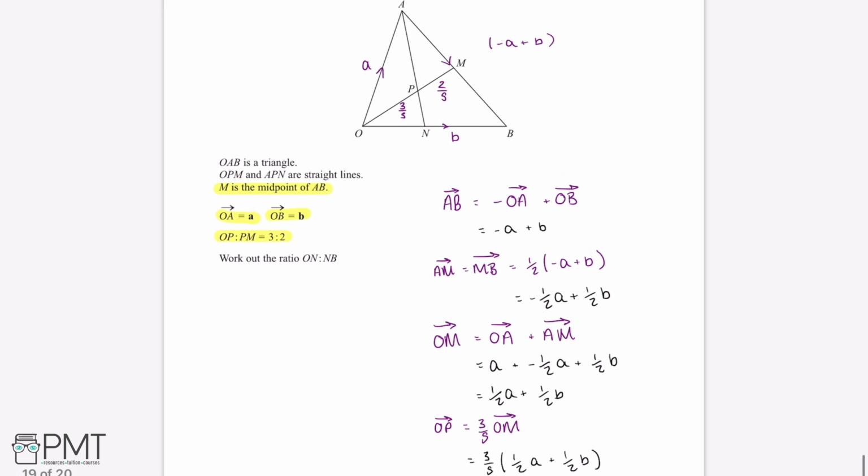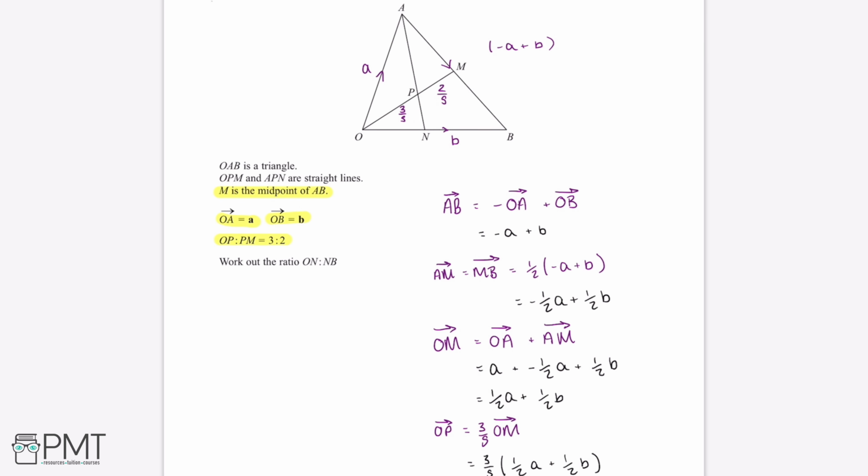Now if we take a look back at the diagram, using the rules of vectors, if two vectors are parallel, or in this case on the same straight line, one of the vectors will be a multiple of the other vector. Using vector AN, AN is equal to a constant, which we can let be x, multiplied by AP.